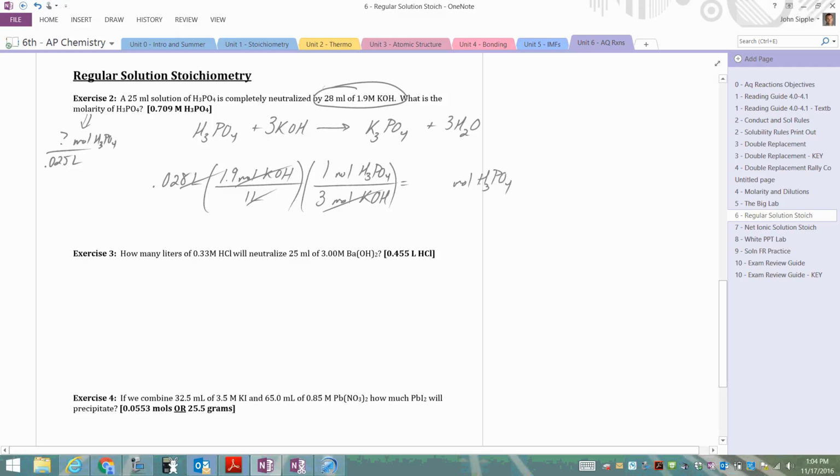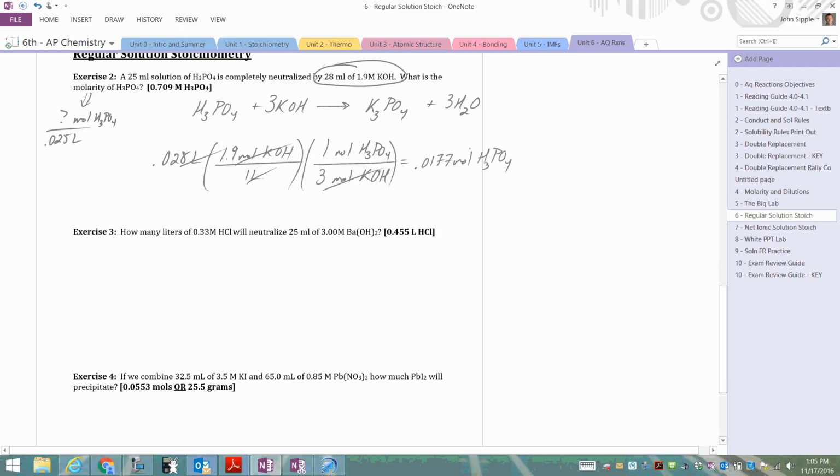So 0.028 times 1.9 divided by 3. So we get 0.0177 moles of phosphoric acid. They're asking for the molarity of phosphoric acid, though. So what do we do? Right, we're going to plug it in right there, right?